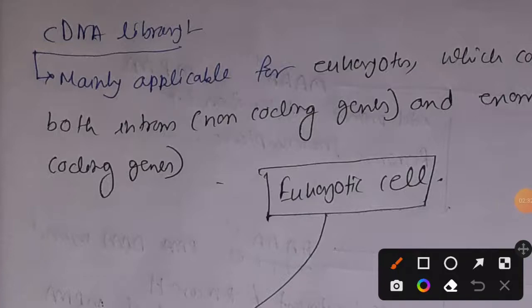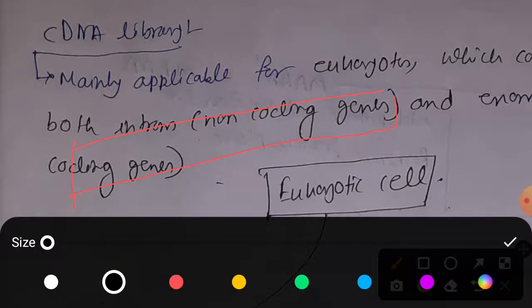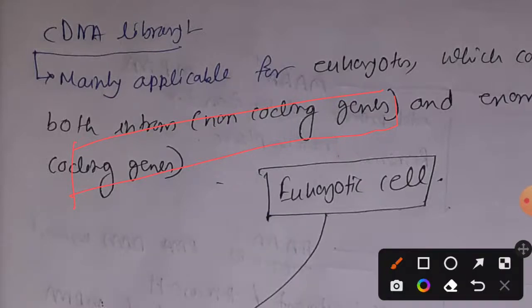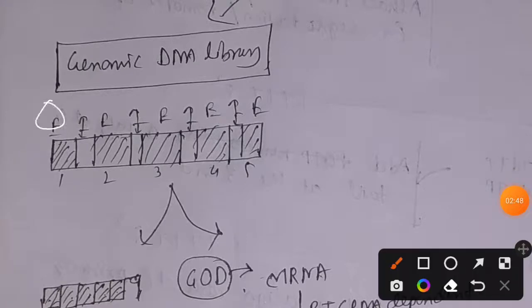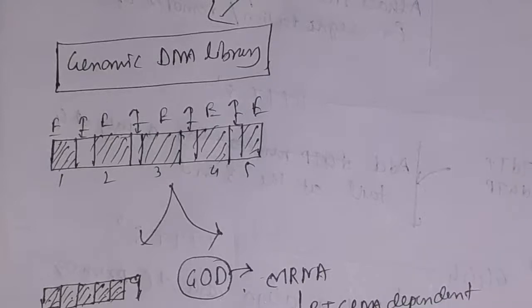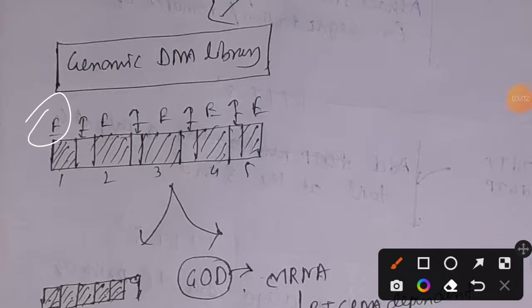Okay, because I hope you know that whenever we discuss the eukaryotic cell, the eukaryotic genome contains two kinds of sequences. One is exons, which I have marked here by filling the boxes, and another is introns. There are various exon portions and various intron portions available.